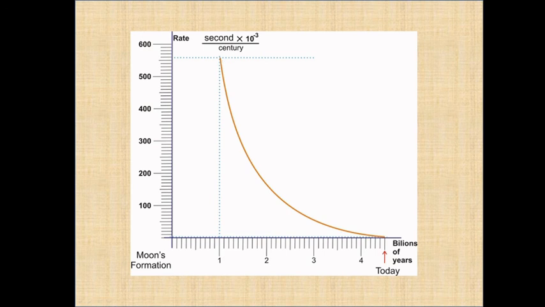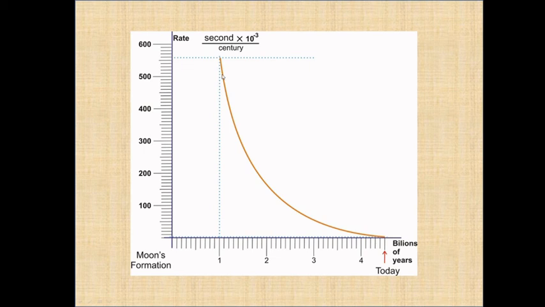And then as time went on, this rate, in seconds times 10 to the power of minus 3 per century, was this high, and then it decelerated and went down until today. The rate today is 2 milliseconds per century. So that would be the actual graph.